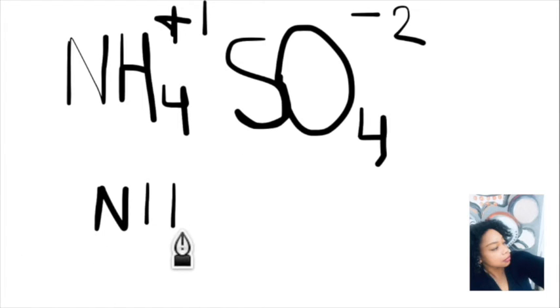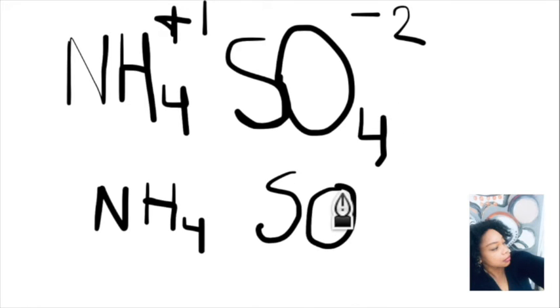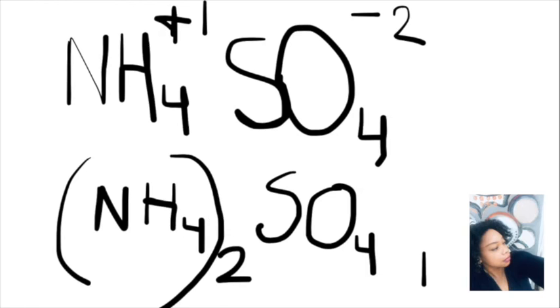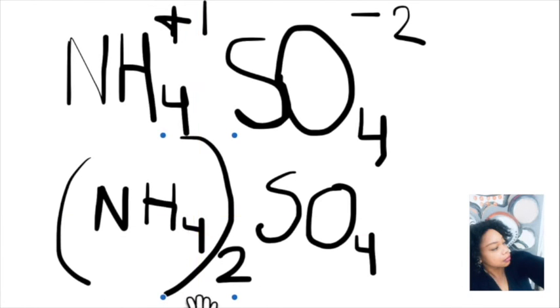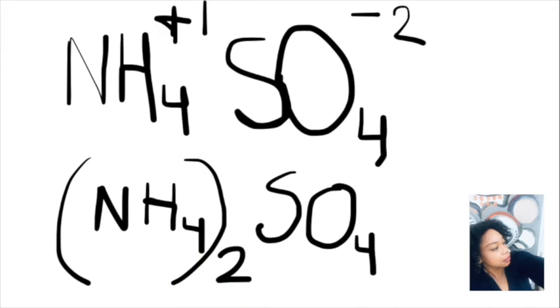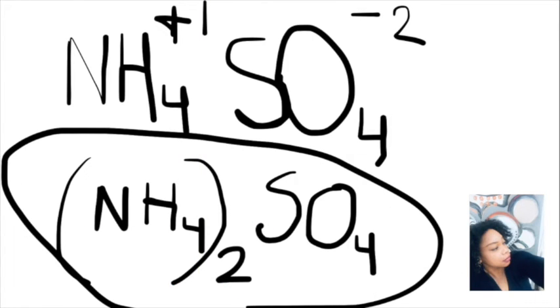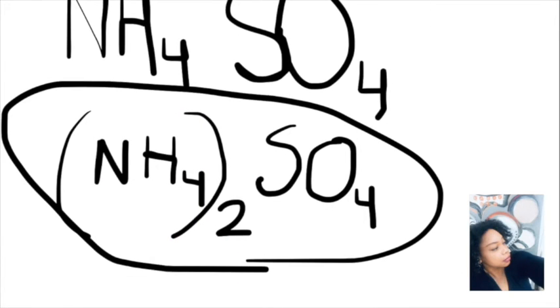So we just bring down the NH4, and we bring down the SO4. And we swap the 2 numbers. The 2 goes there, and the 1 comes there. And don't forget, because we have 2, we have to put in parentheses. And we drop the 1 because the 1 is understood. And that's the answer. Ammonium sulfate.